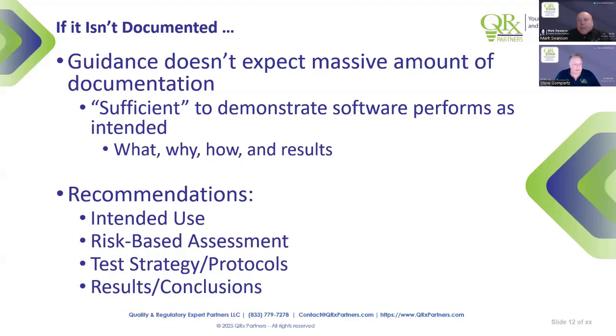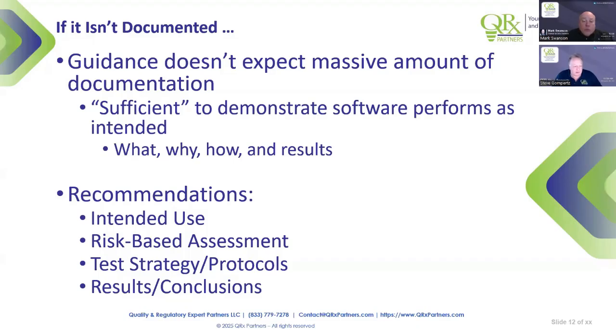Some examples they give, right? You want to document the intended use. And I get that's probably something companies don't do well at. So that might be a new one, to say, yeah, for each system, we should have something that describes the system and what it's supposed to be used for. Where is your documentation of the risk assessment of that system?